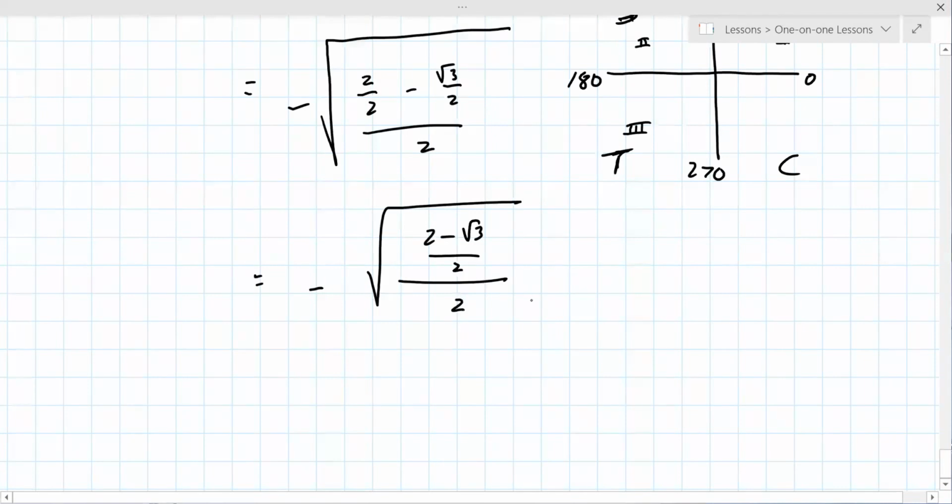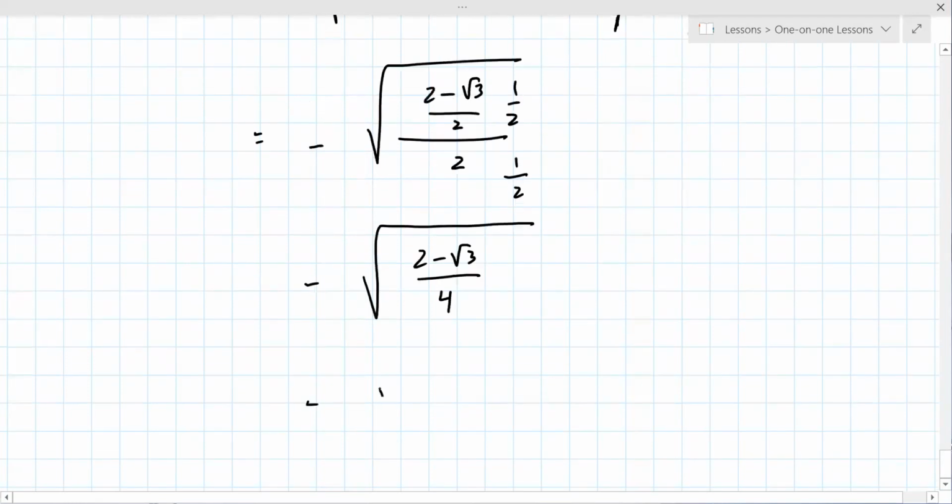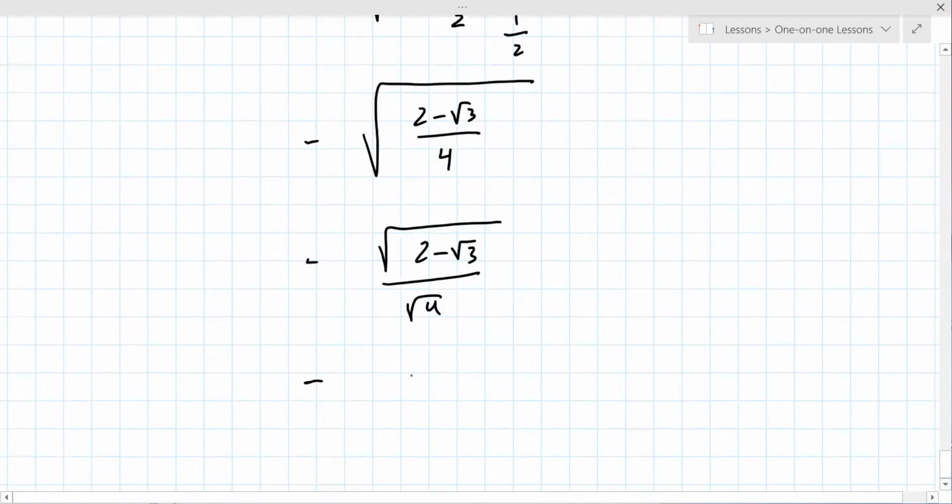You clear the bottom fraction by multiplying top and bottom by 1/2. So it becomes negative square root of (2 minus square root of 3 over 4). Then you can apply the square root to the top and the bottom. The square root of 4 is 2, a nice one. So it's negative square root of 2 minus square root of 3, all over 2, or sometimes there's a 1/2 out in front.